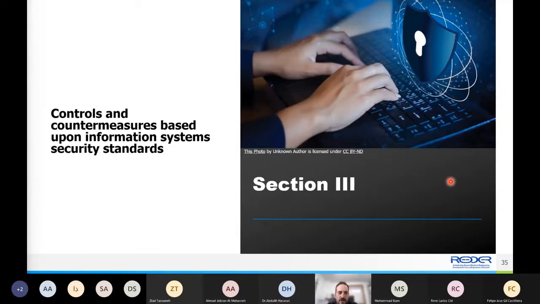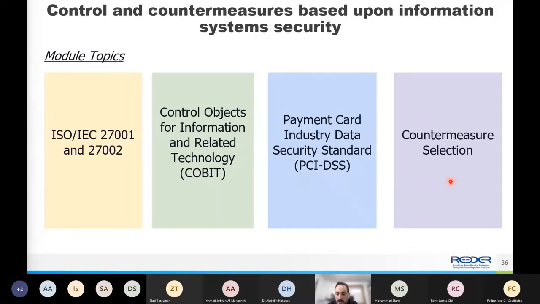The next section is regarding the different, again, standards and methodologies we have to control how to access the information systems, or also how to apply countermeasures to minimize those possible attacks we might have. This section is going to be divided into these 4 different explorations.